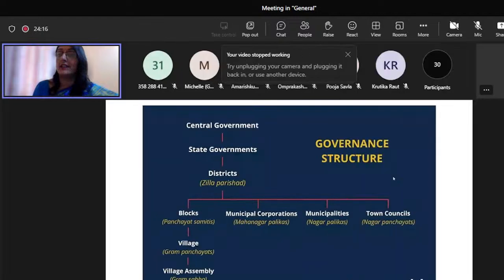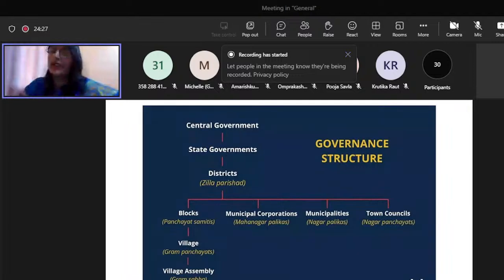The amendment was done to give autonomy to each governance structure, so they can look after their own locality, and the panchayati raj system was given autonomy.